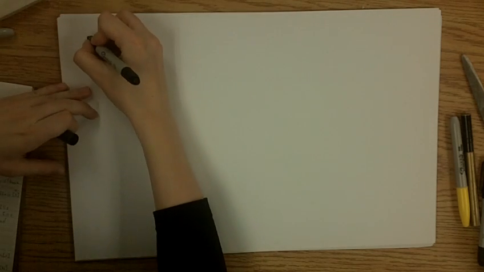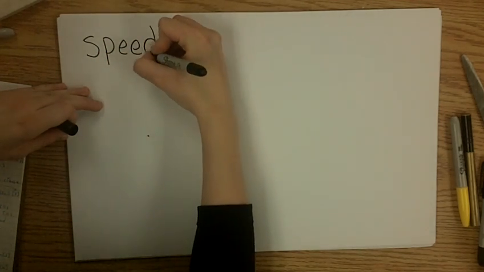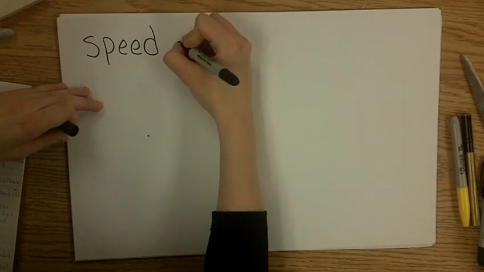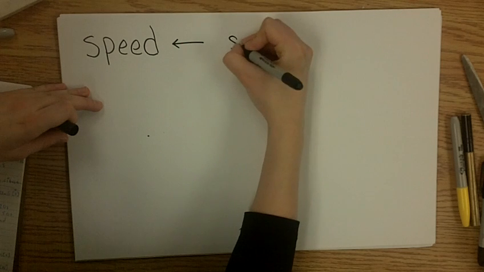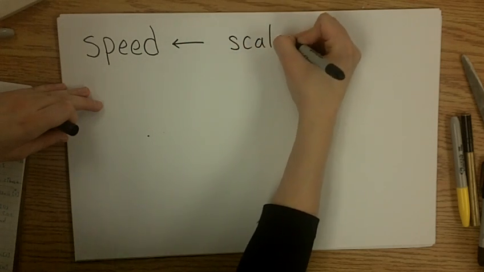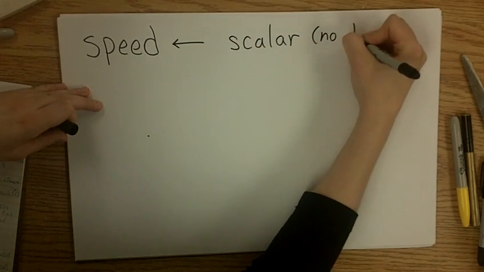Just like distance and displacement are different ideas, speed and velocity are also different. The speed of an object is a scalar quantity. That means it has no direction.